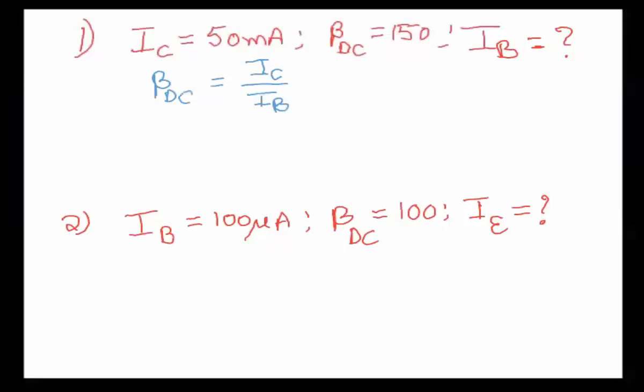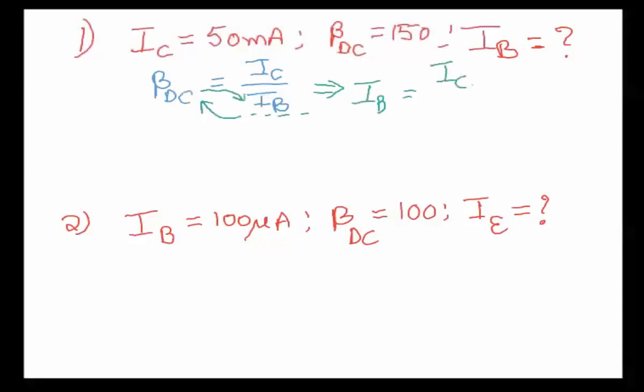So how are you going to rearrange this? You're saying 50 milliamps times 150? That's wrong. What you should do is rearrange the equation for IB. Remember that IB is in the denominator, so this IB goes here and you bring that beta DC.